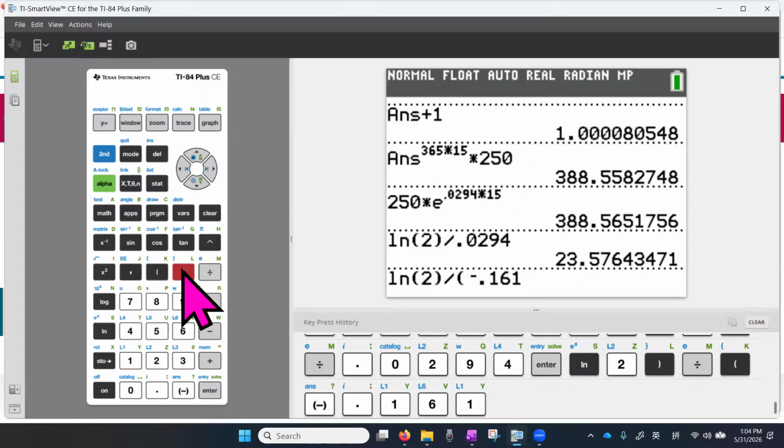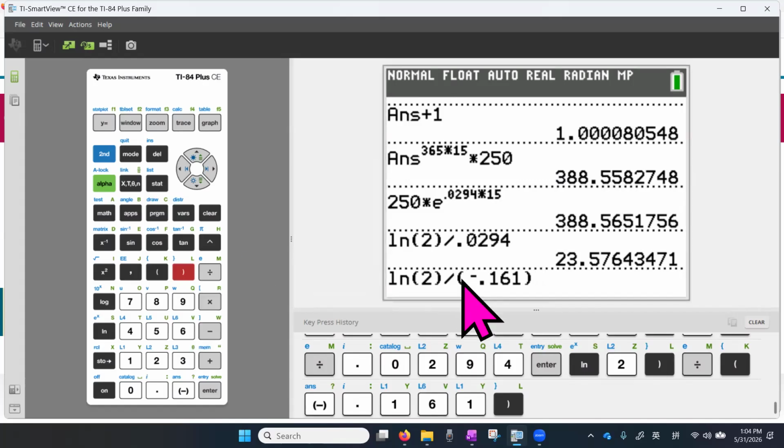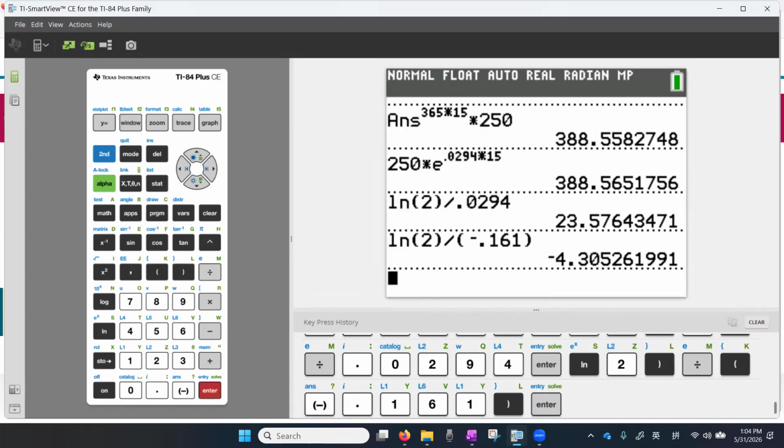Close the parentheses. Sometimes I use parentheses just to make sure the calculator is clear about the structure of the expression I want to tell it. ln 2 over negative 0.161.